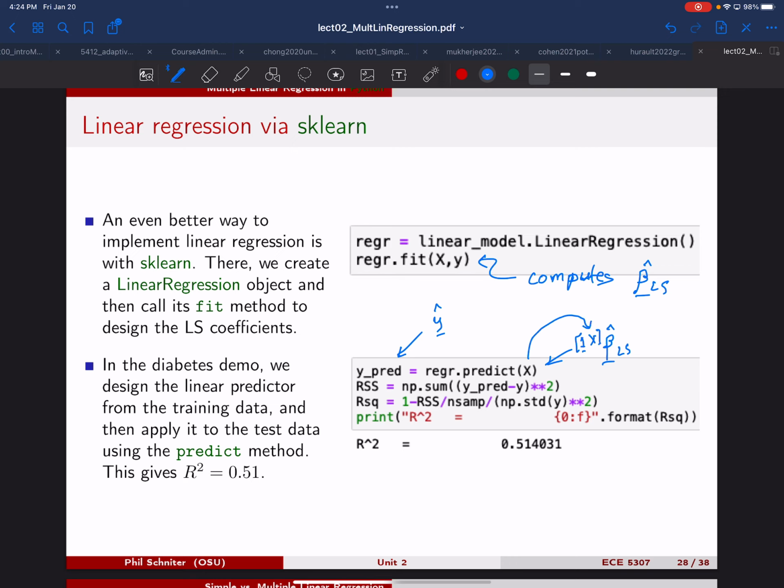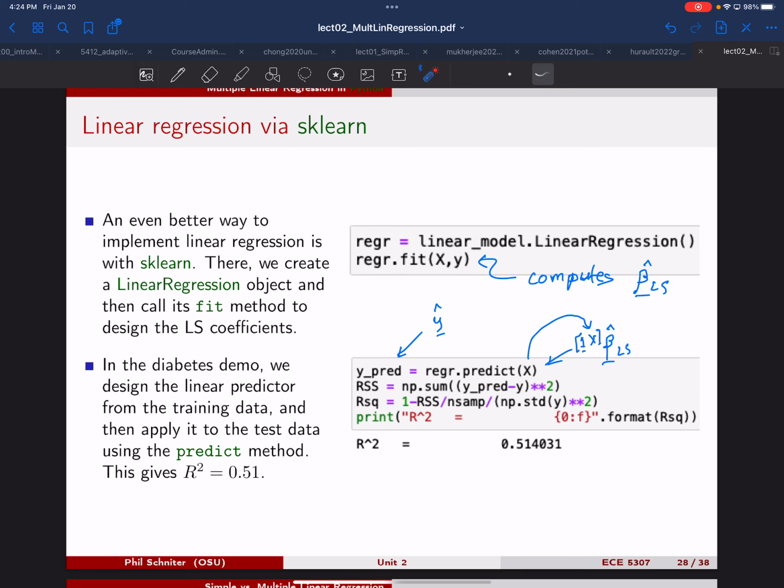So if you put in some new vector x that was not used in training, it will do the prediction on those new features. This x matrix happens to be our training data. But the prediction method works for any data you give it. It doesn't have to be your training data.